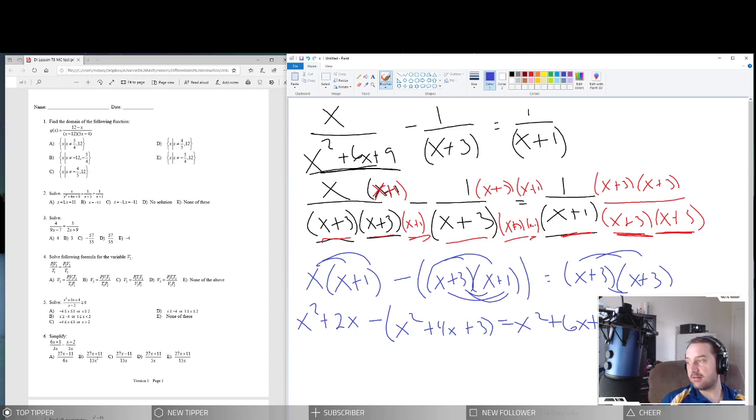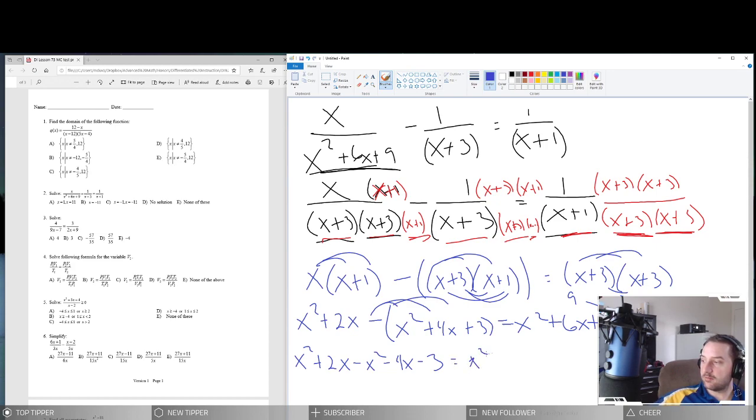I know the plus 9 got blocked. There's a 9 here. I apologize. So now I need to distribute this negative. So that's going to give me x squared plus 2x minus x squared minus 4x minus 3 equals x squared plus 6x plus 9.